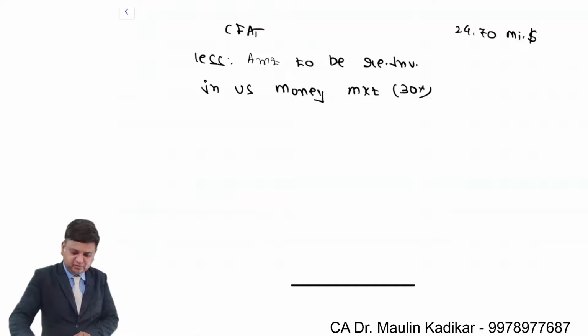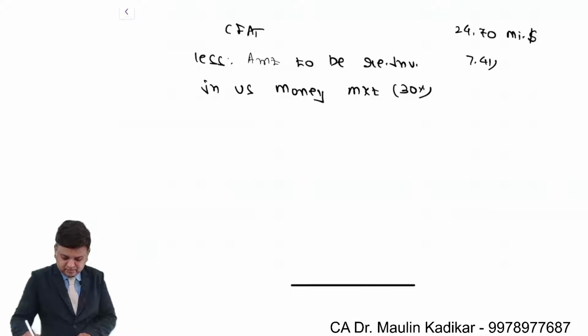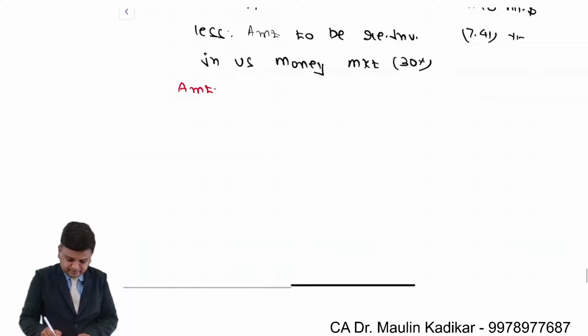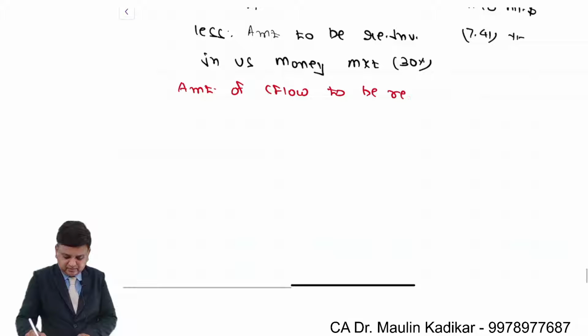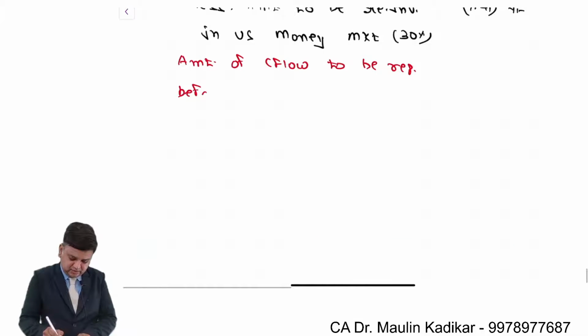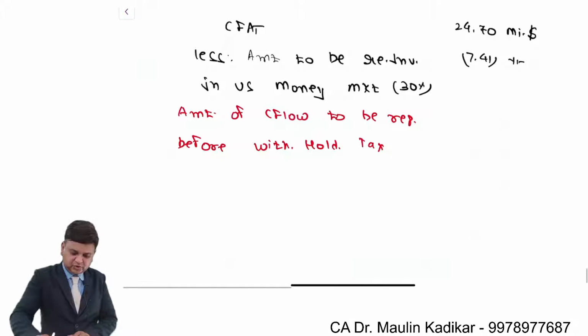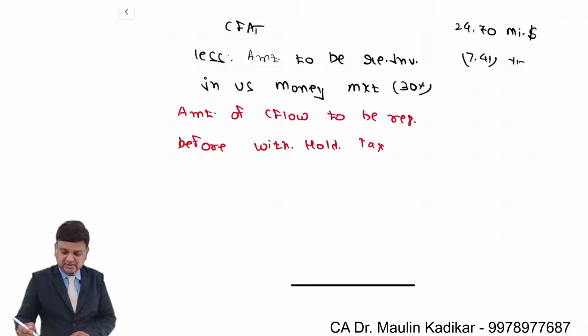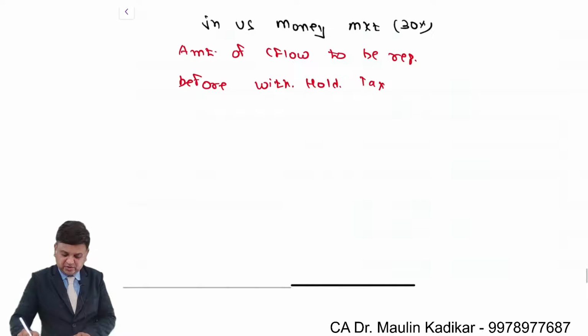So 24.7 into 30 percentage, 7.41 will be reinvested. Remaining is amount of cash flow to be repatriated before withholding tax. So 24.7 less 7.41 is $17.29 million.